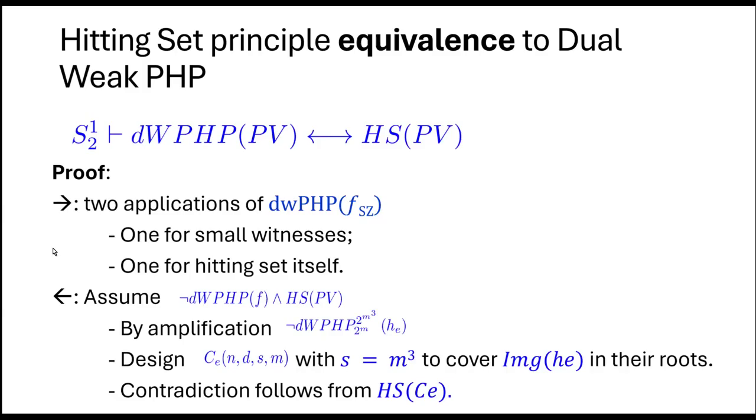Specifically, if you have some kind of primitive combinatorial principle like the pigeonhole principle, or in our case the dual weak pigeonhole principle, and you show that from this principle over some base theory, S12, you can prove some statement, some theorem, in this case the existence of hitting sets, then it's not just that from this primitive principle you prove the statement, but also from the statement you can prove the principle.